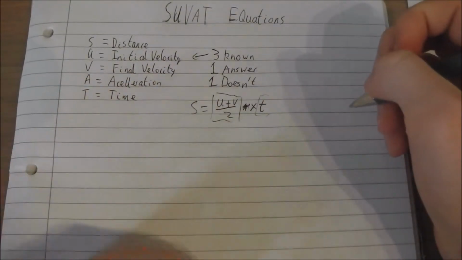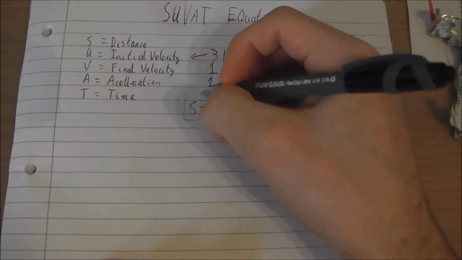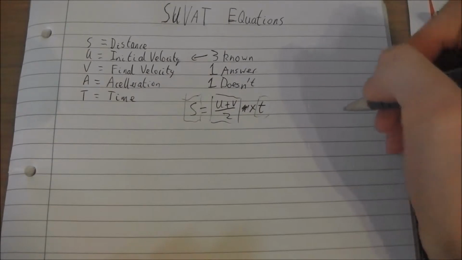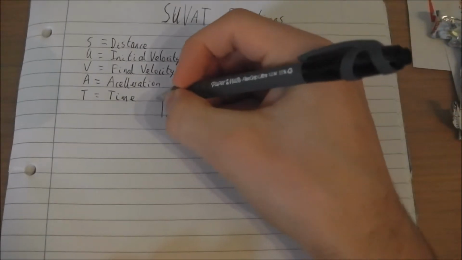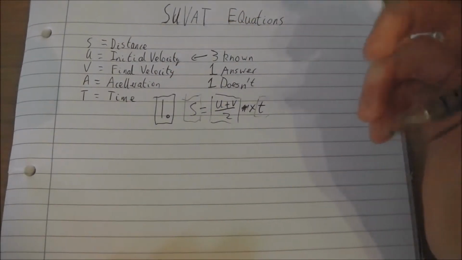So when you have velocity times by time, you get distance, which is what this equation is. We'll name this equation 1 over here.